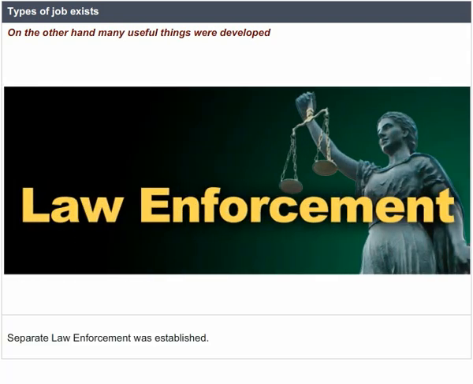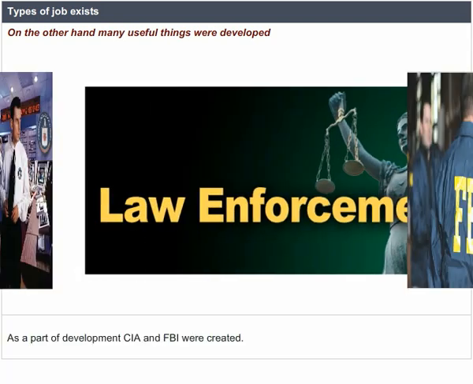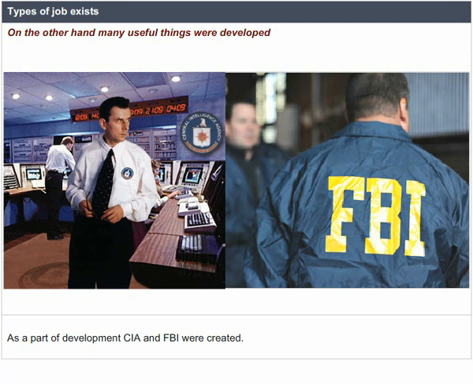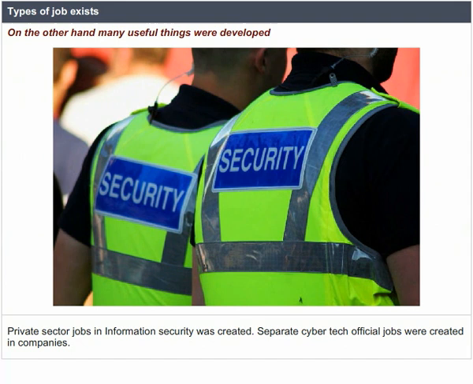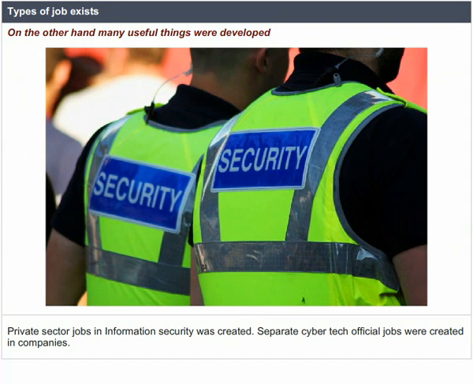Types of jobs that exist. On the other hand, many useful things were developed. Separate law enforcement was established. As a part of development, the CIA and FBI were created. The local police department and sheriff were equipped well with modern equipment. Private sector jobs in information security were created. Separate cybertech official jobs were created in companies.